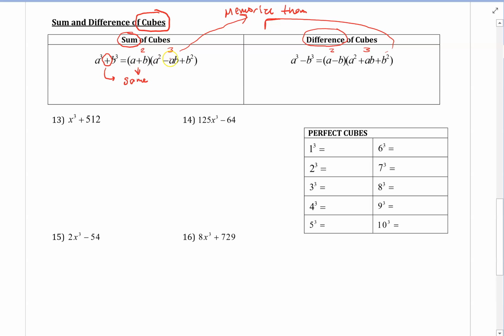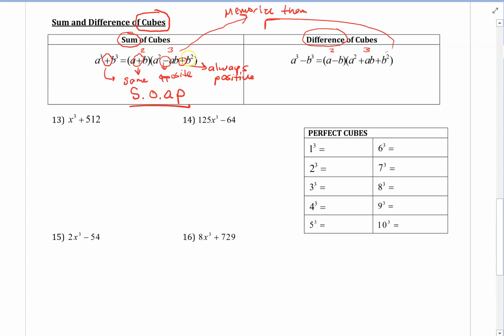The next sign, which is the first sign in the trinomial, is always opposite the sign from the binomial. And the third sign in both of them is always positive. So we can think of this as SOAP. Same, because that matches the first sign.